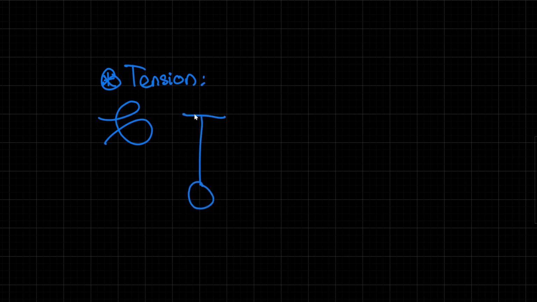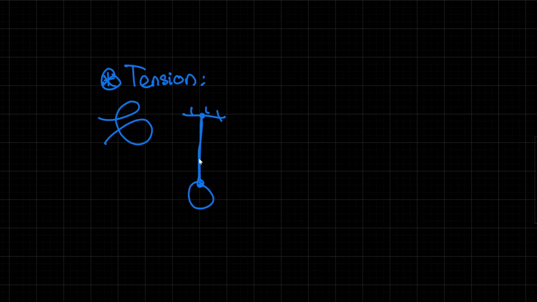Another force is the tension force. You often will see this in ropes or cords. Normally a rope, you put it on the table or something, it would be like this, right? But if you pull the two ends of it, maybe attach it to some object like this, then you can say that it's under tension.